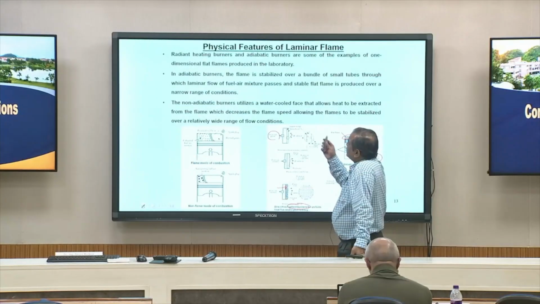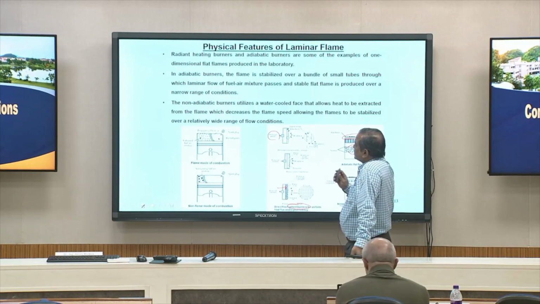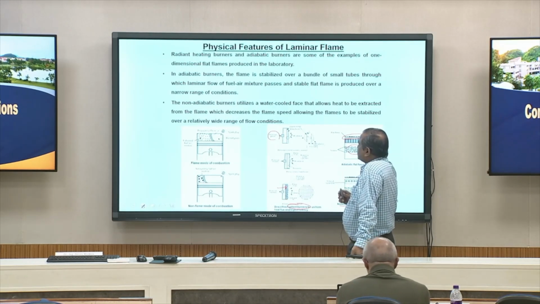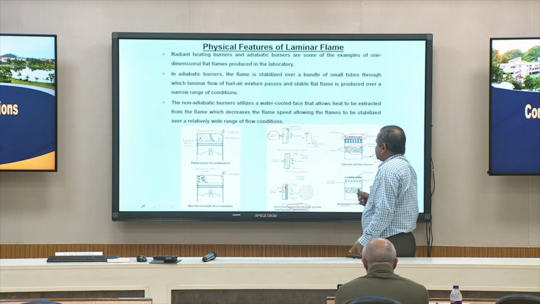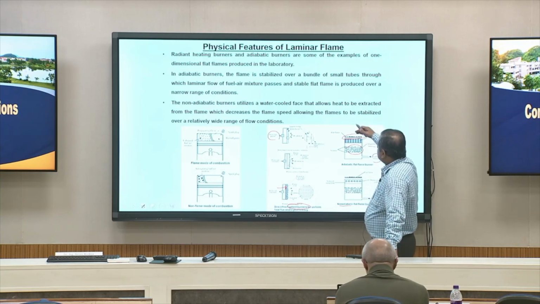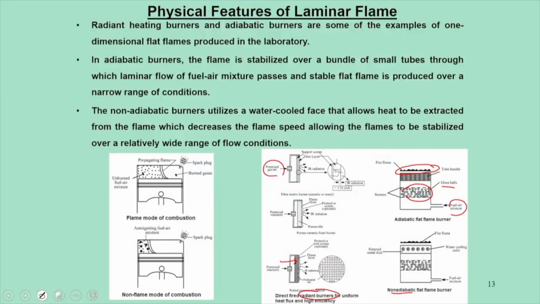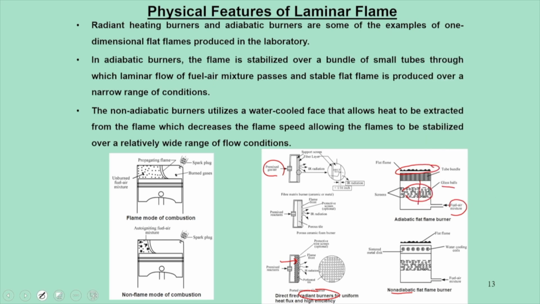So maintaining a sustained laminar flame is really a challenge, particularly for burner applications. I also mentioned that when the flame sits on the surface, that means the charge should always have sufficient momentum so that the flame remains on the burner, and if it doesn't have it, it tries to move down.